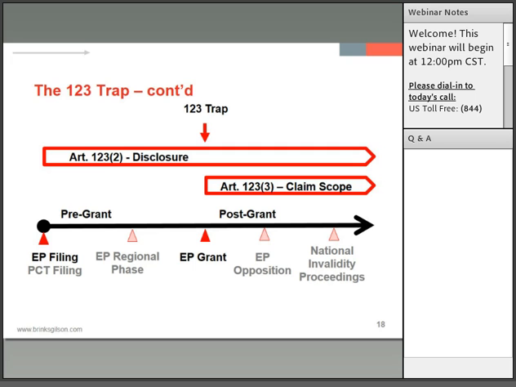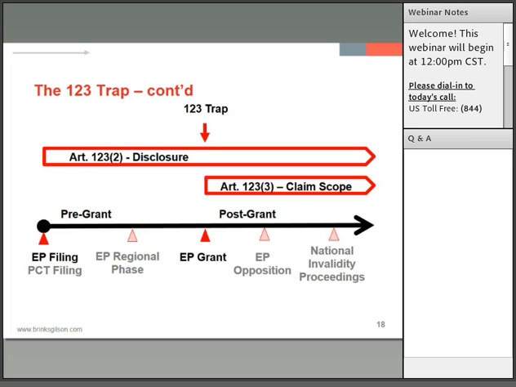Then, of course, some claims may only have a newer priority, but it doesn't invalidate your application. But the European filing date starts your Article 123.2 regarding added matter, as it's called in the U.S.